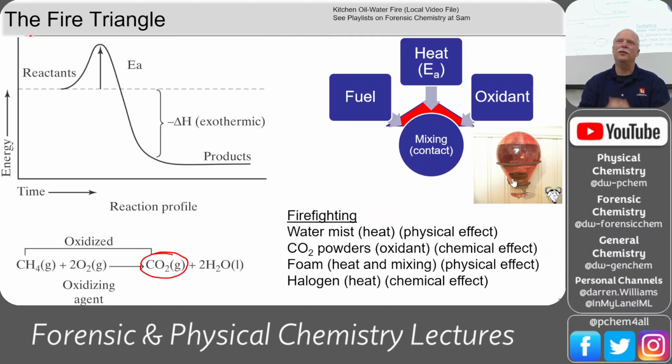It was filled with carbon tetrachloride, which is not a very nice molecule. I think it's a carcinogen and pretty dangerous for you. But if there's a fire in the room, you would take this off and just throw it at the base of the fire, and it would splash this carbon tetrachloride on the fire and hopefully put it out. I mean, you only had one shot, right? And you throw it and run. But I thought that was a pretty extreme fire extinguisher. Now we have a lot better ones.